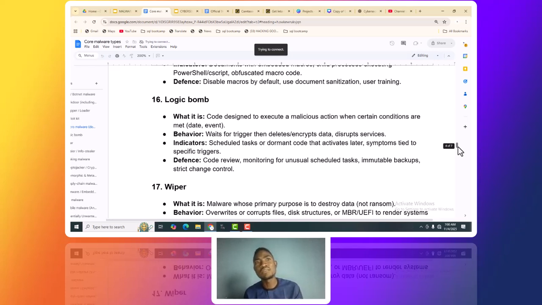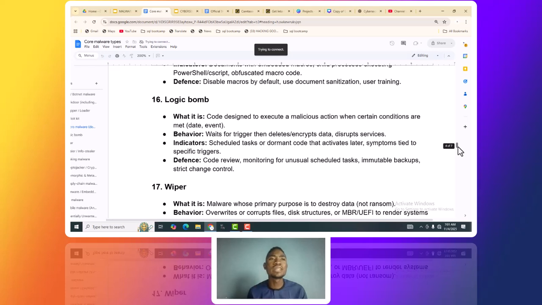And this is an example of a logic bomb. So it's a code designed to execute a malicious action when certain conditions are being met. It could be a behavior waiting to trigger when deleted, as I've already explained, or destroy services.